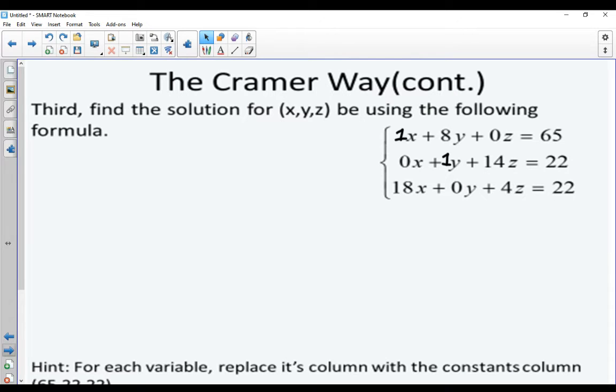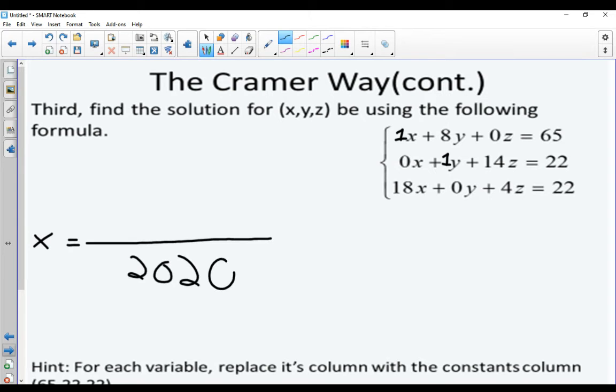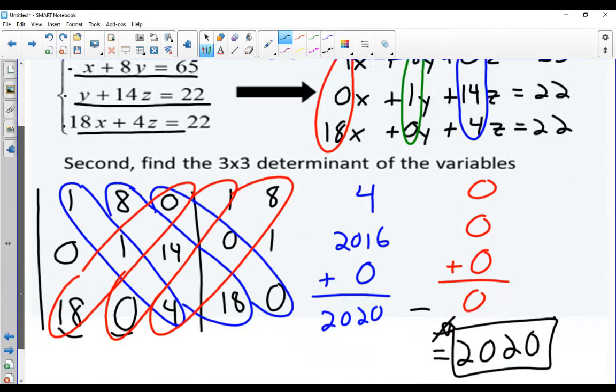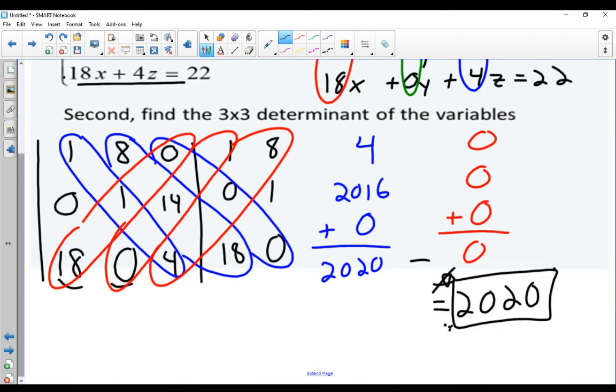Now, I am going to show you how to find the x of this solution. To find the x, make a fraction. On the bottom of your fraction, you're going to put 20/20, the determinant that you found on the previous slide.